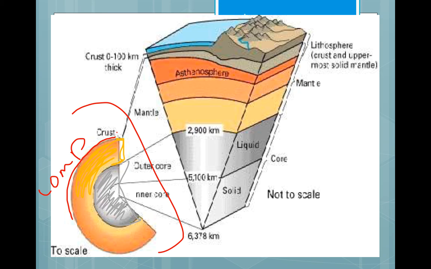Compare that to this other image, which is your structural layers. That is how the Earth actually functions. You've got the lithosphere, that's your tectonic plates. You've got your asthenosphere, that's the layer that the lithosphere is moving on.